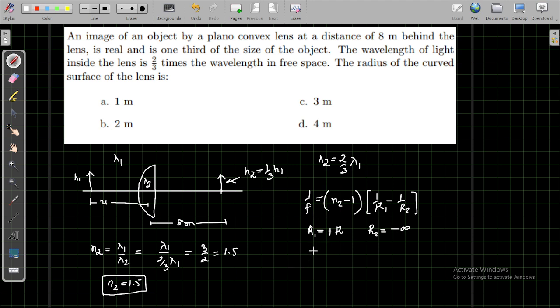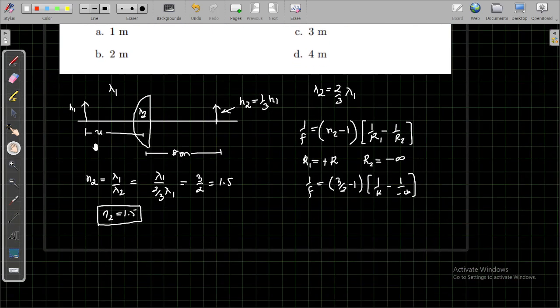Therefore 1 by f is equal to (3 by 2 minus 1) times (1 by r minus 1 by infinity). So I should get 1 by f is equal to 1 by 2 times (1 by r minus 0). So this becomes 1 by f equal to 1 by 2r.